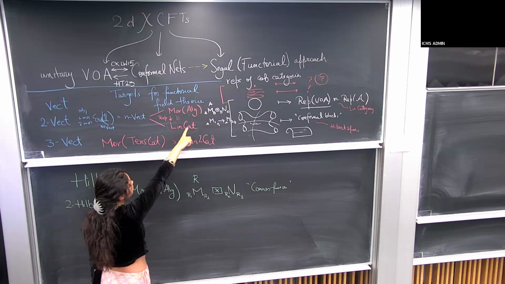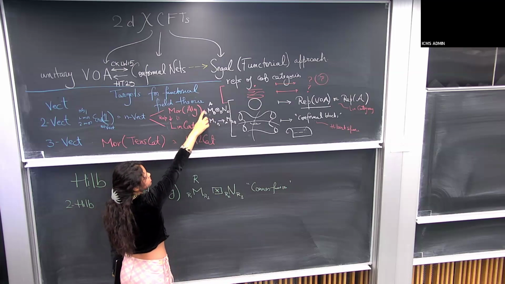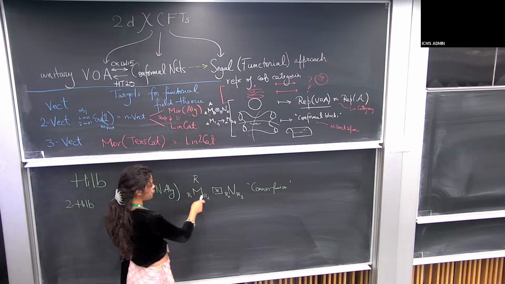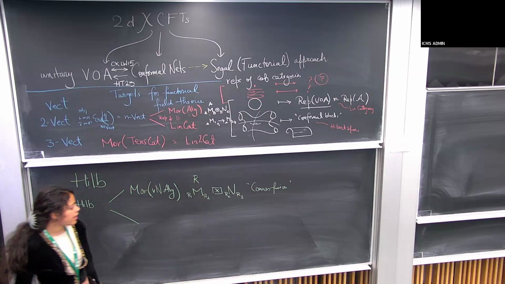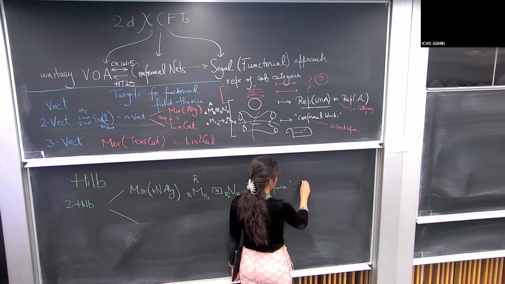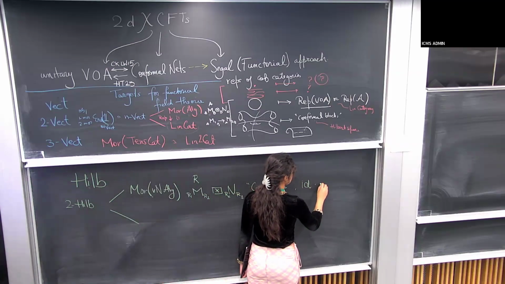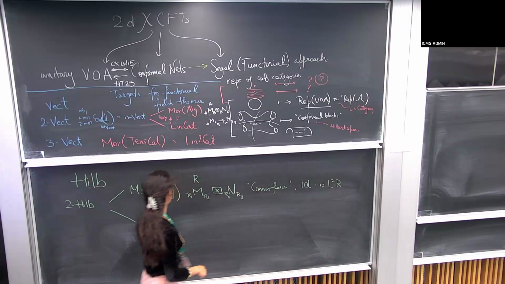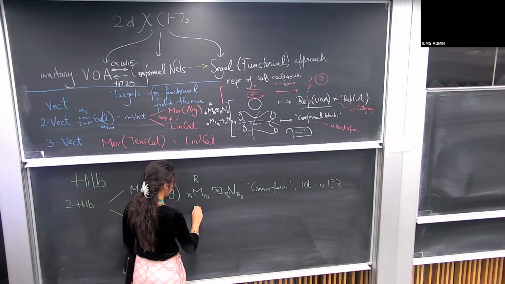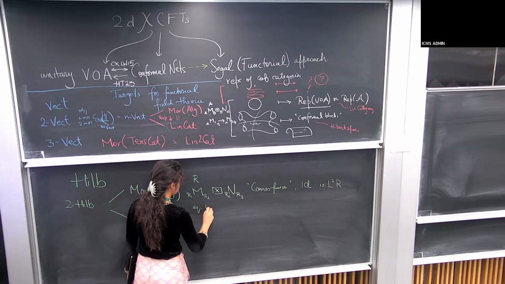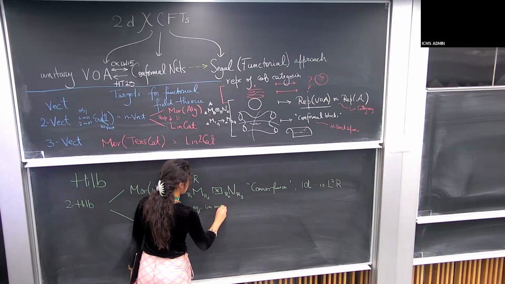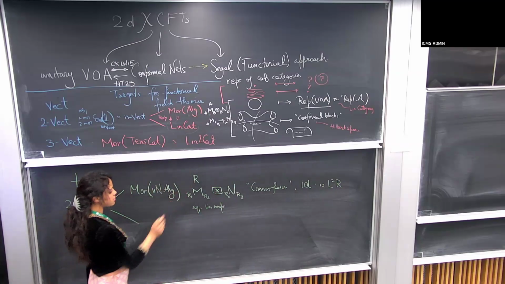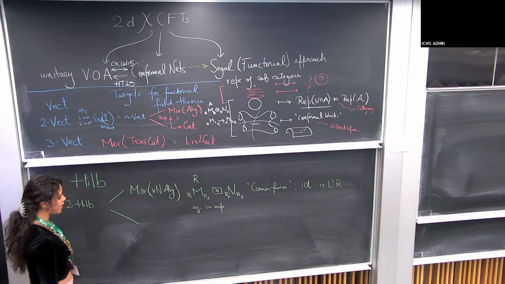Just to point out, the identity 1-morphism is the algebra itself as a bimodule, whereas the identity 1-morphism in this case will be L2 of R. So identity is L2. And then again, equivariant linear maps. So this forms a nice category. People have studied this category before, a nice bicategory.